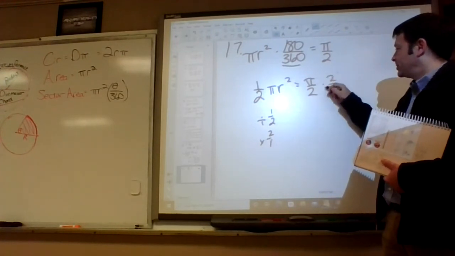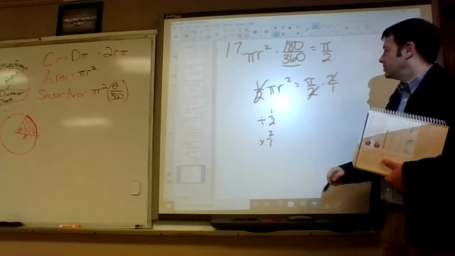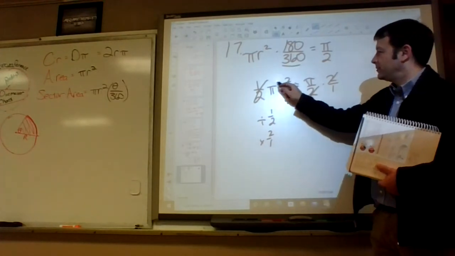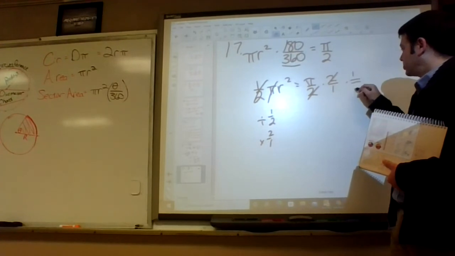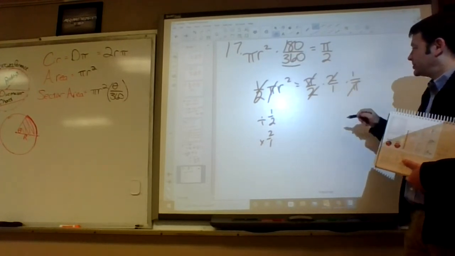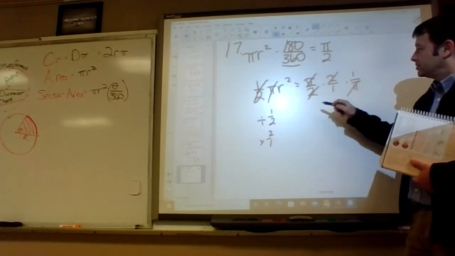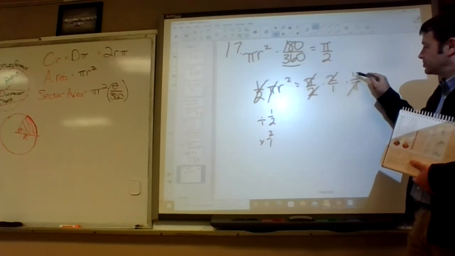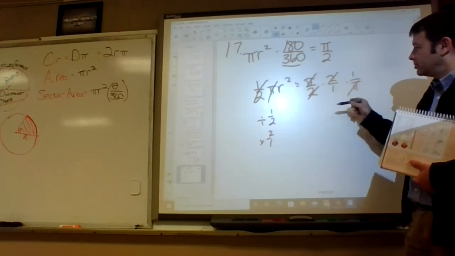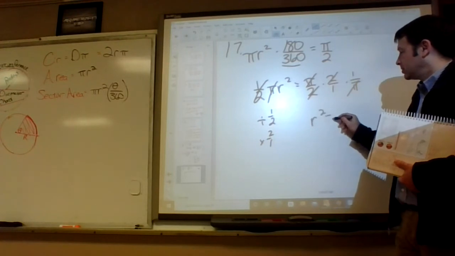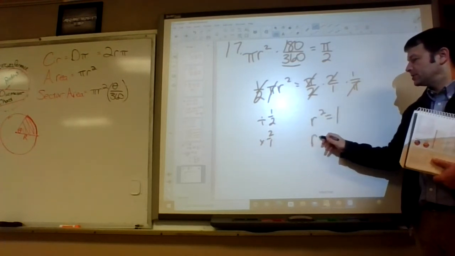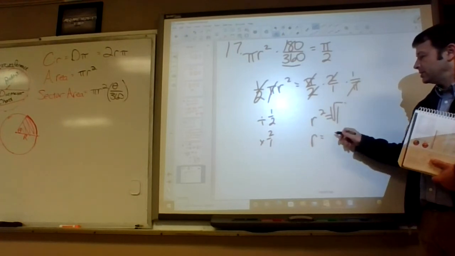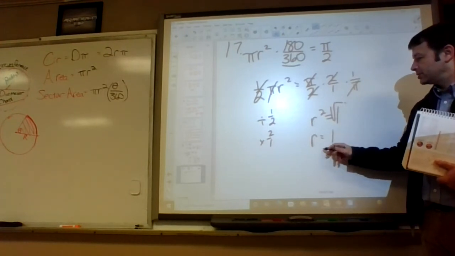So those go away, and when you divide by pi, it's like times 1 over pi, so the pi's go away. So r squared equals 1 over 1. R squared equals 1. And if the radius squared is 1, what's the radius? Yeah, the square root of 1 is 1.